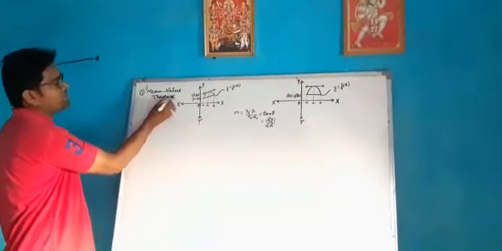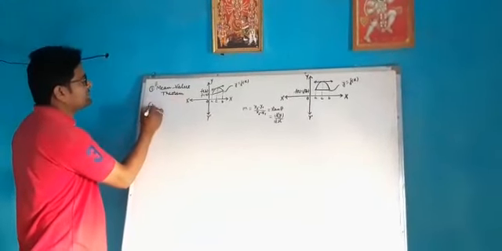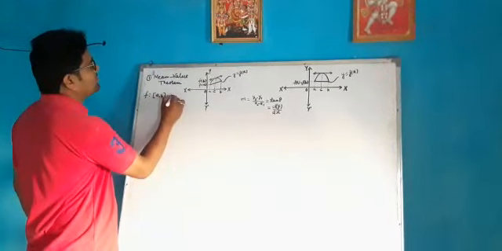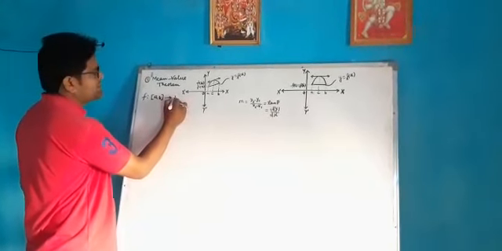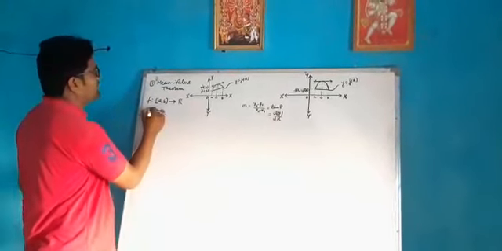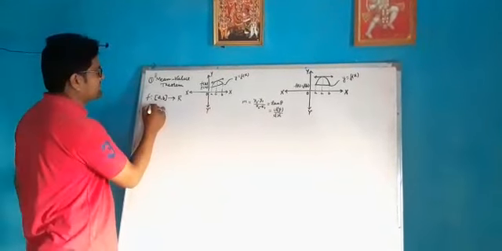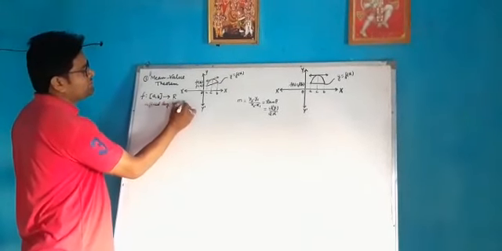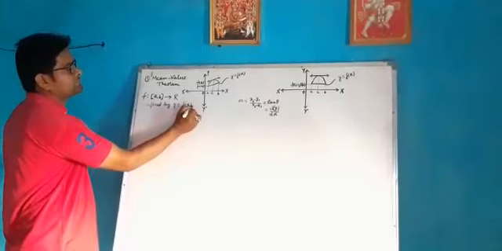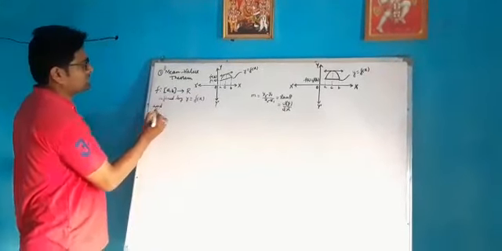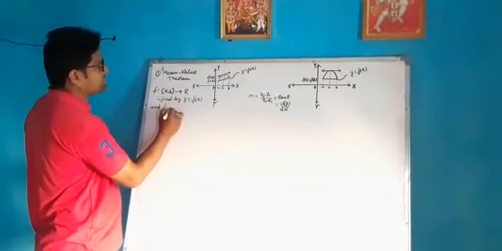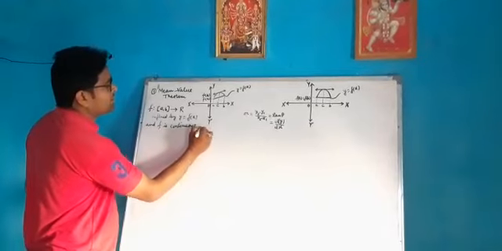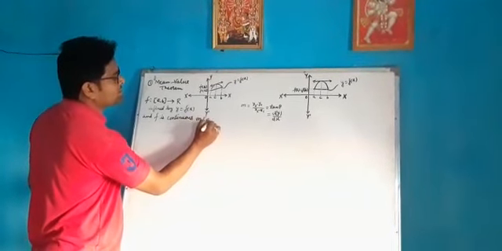What is the mean value theorem? f is a given function from an interval [a, b] to the set of real numbers R, defined by y equal to f(x), and this function f is continuous on the closed interval [a, b].